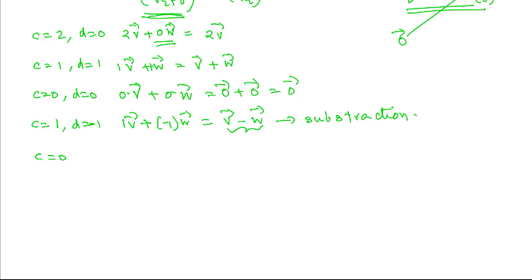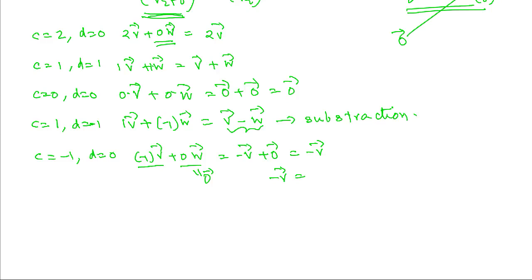C equals minus 1, D equals 0. So minus 1 times V plus 0 times W, where the second term vanishes and becomes the 0 vector. This you can simply write as minus V. The convention is that you put a minus in front of it, and I want to emphasize that this is a symbol for saying there is a minus 1 multiplying.